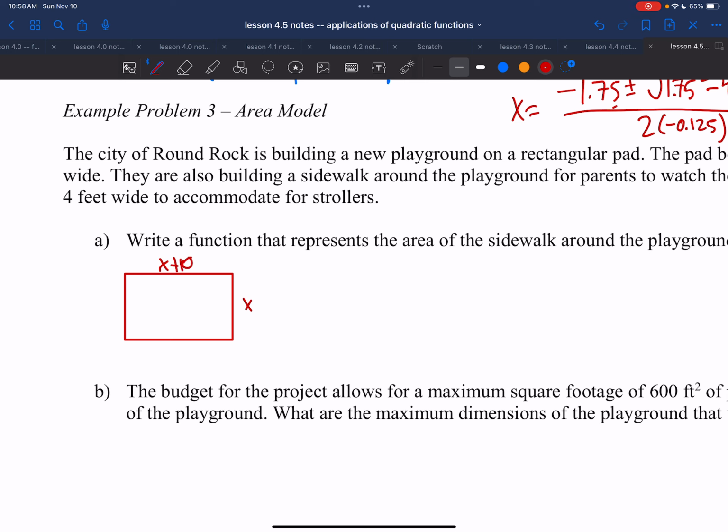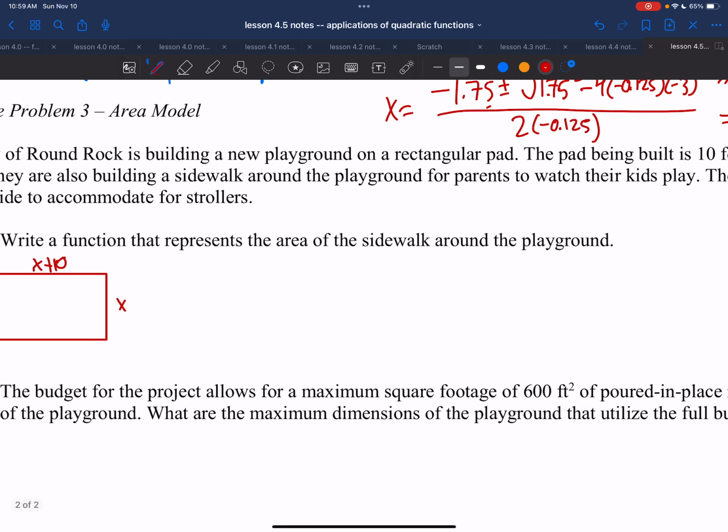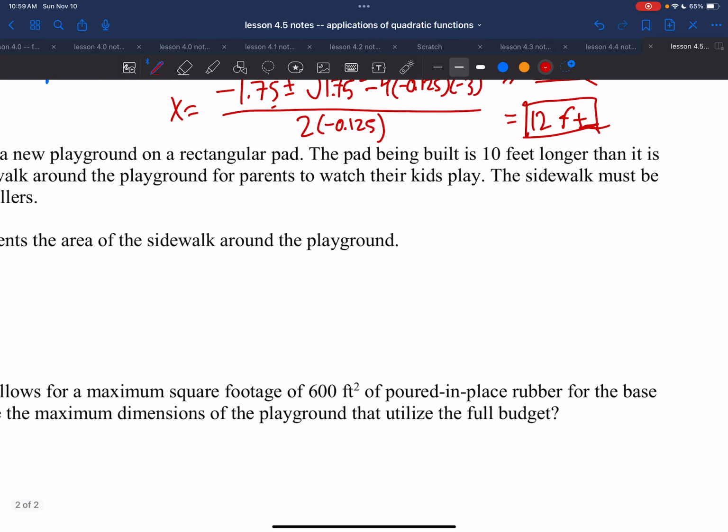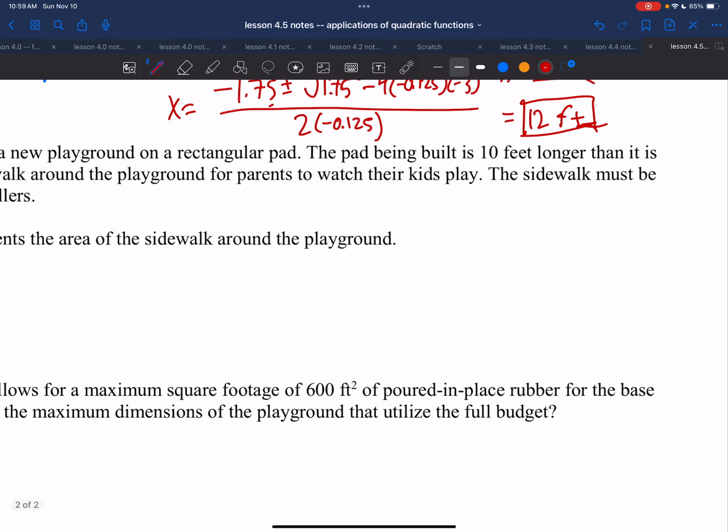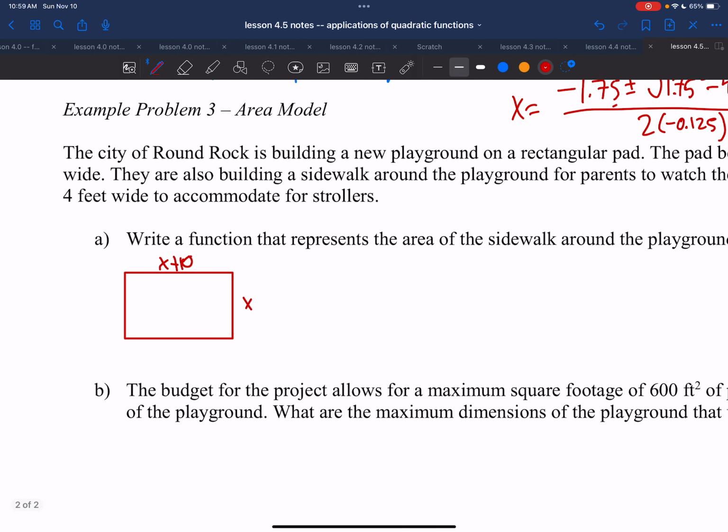Right? Okay. They are also building a sidewalk around the playground for parents to watch their kids play. The sidewalk must be exactly 4 feet wide to accommodate strollers. So I say, you know what, let's lasso this. I'm going to take this with me.